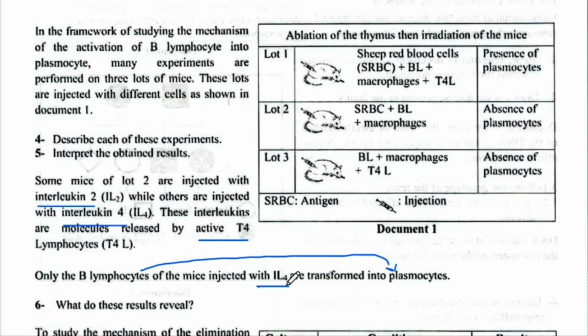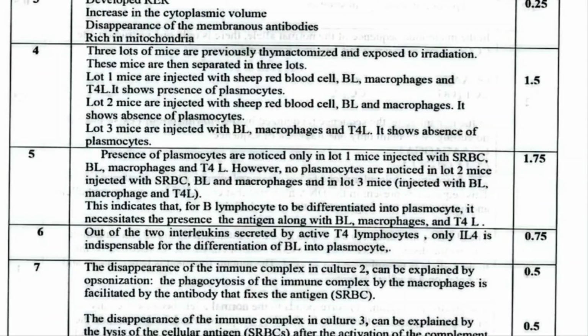So interleukin 4 is indispensable for differentiation of B lymphocyte into plasmocyte. So, out of the two interleukins secreted by active T4 lymphocyte, only interleukin 4 is indispensable for the differentiation of B lymphocyte into plasmocyte.